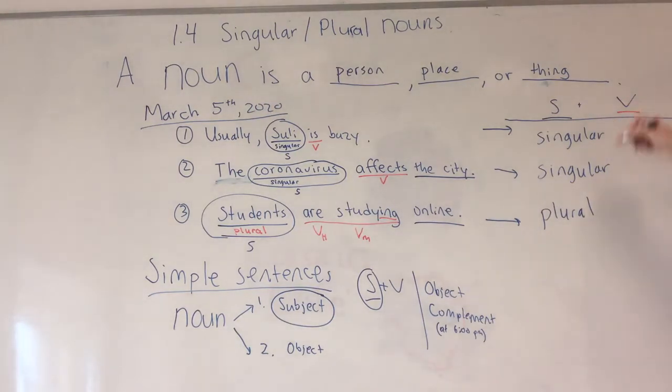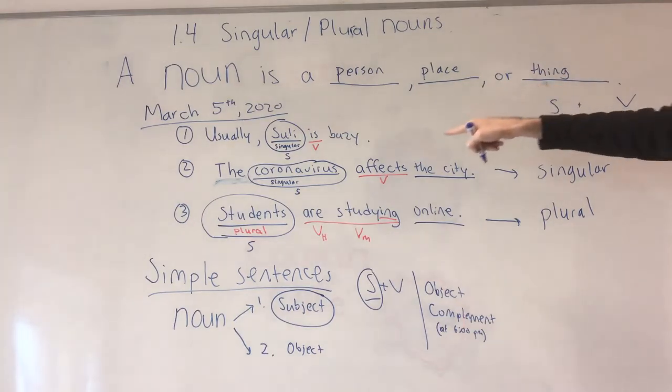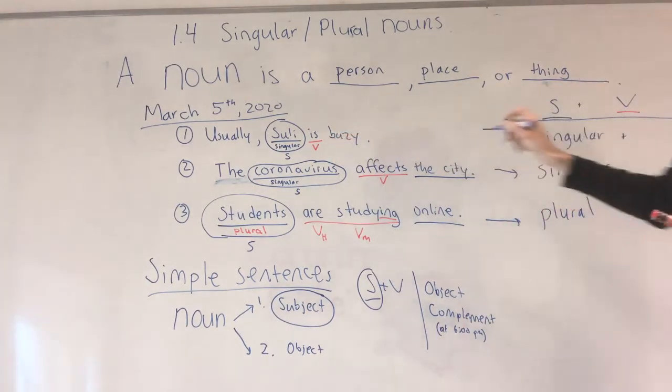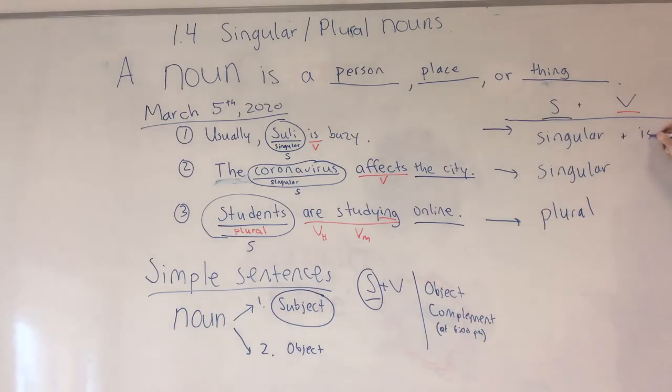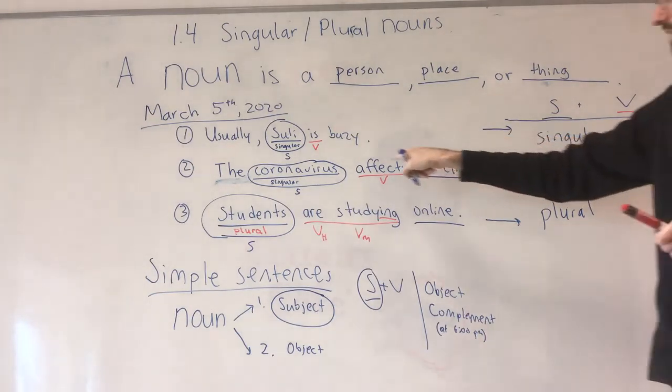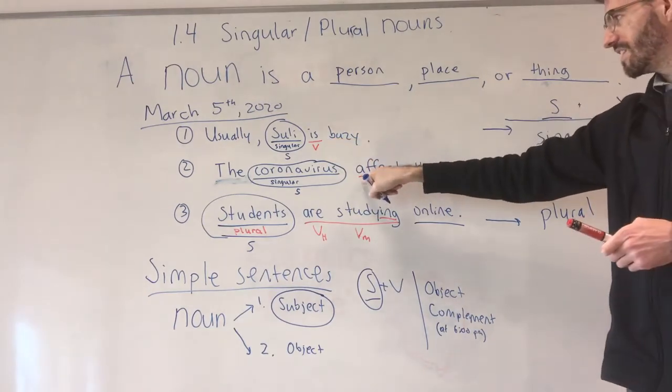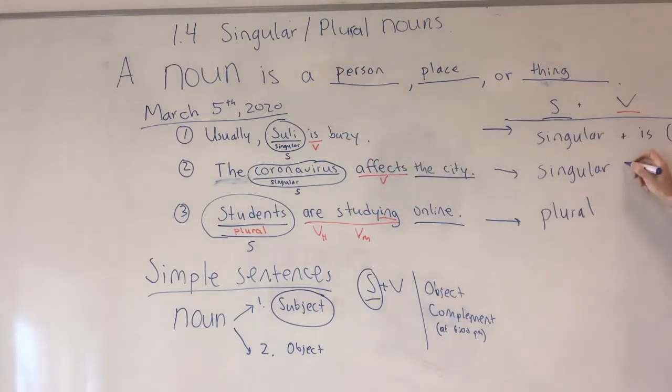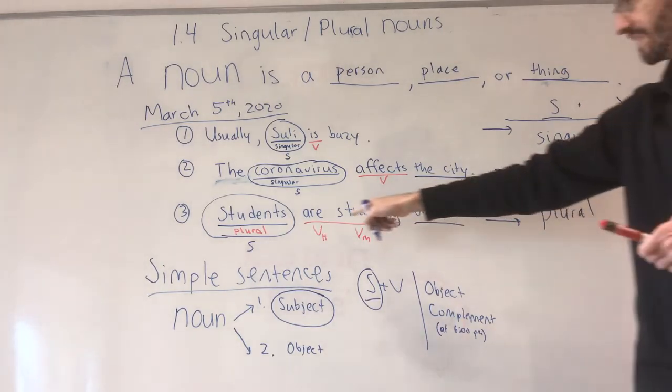So when I have singular nouns, what's the verb here for, what is this verb? Is, okay? So is, and that's verb be. What about this verb here? It's coronavirus affects, okay? All right, what about here?